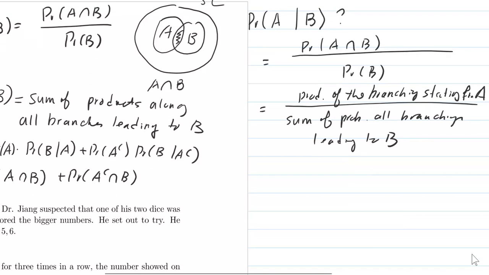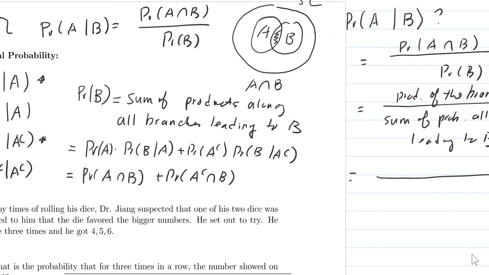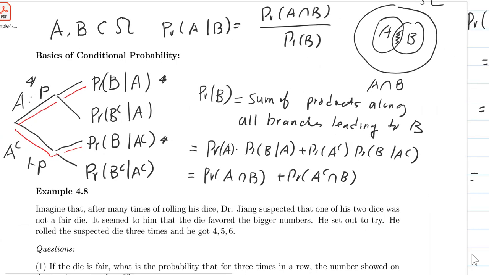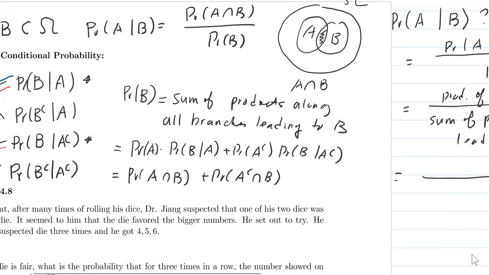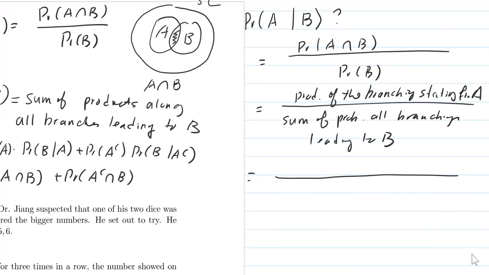So what we have over here is the same denominator. We have a big denominator. It's kind of tedious to write down. The easiest way is just to look at the diagram. So we're going to have the sum of these two branches marked red. And then we look at which branch is coming from A, and it's this one. Okay. So what we have over here is the following denominator.